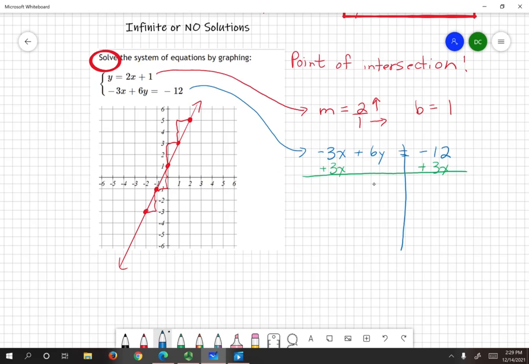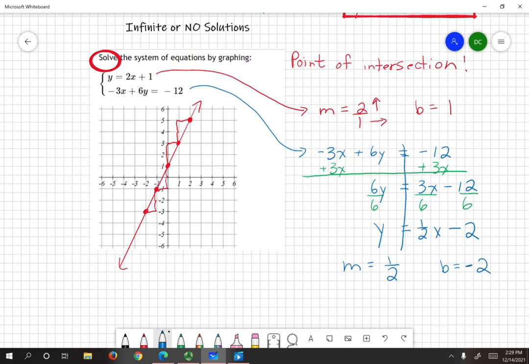I end up with 6y equals 3x minus 12. Now I get to divide each piece by 6. My answer is y equals 1/2 x minus 2. So my m is 1/2, that ought to be easy, and my b is negative 2.